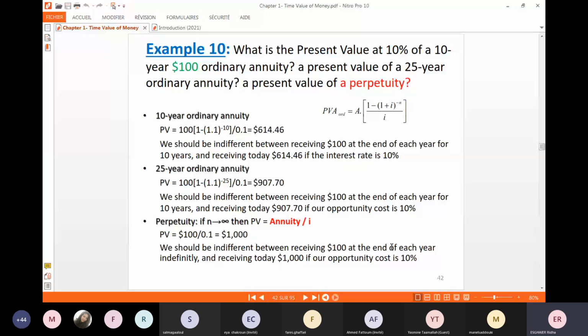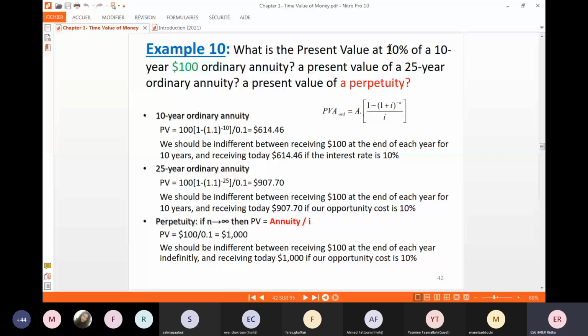Now, suppose that we have a perpetuity. It means that we will earn $100 forever. Suppose that we invest today an amount, and this amount will generate for us indefinitely $100. What is the maximum investment that we will accept to pay today to earn the 10% return that we require?